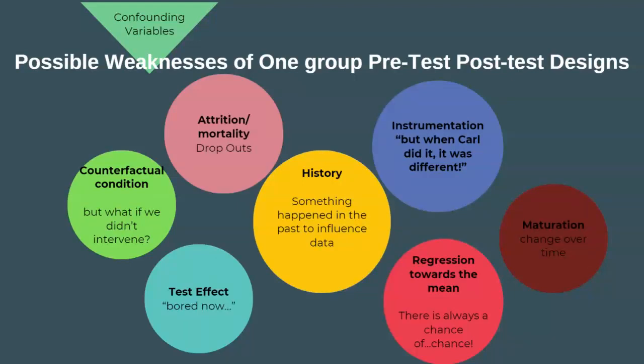So if I say that a weakness in my study was that the test effect took effect, what would that mean? Anyone?